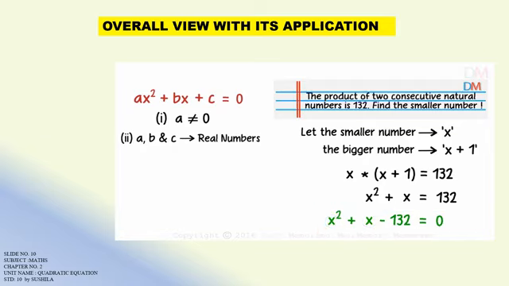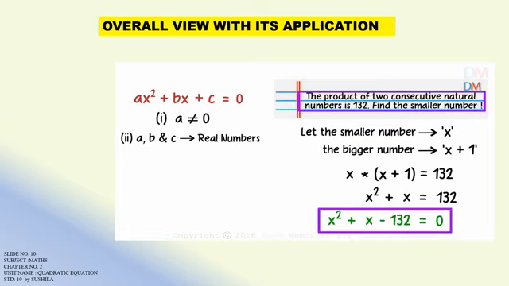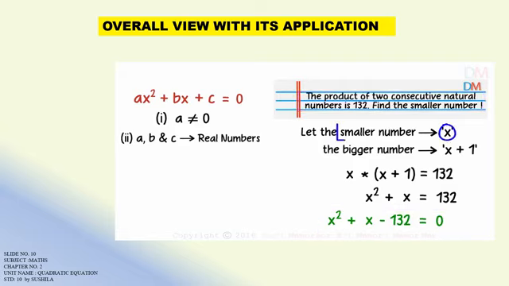Don't worry, I'm not expecting you to solve it yet. We will understand solving quadratic equations later. Right now, I just want you to represent the given examples as quadratic equations. So here, we represented this problem using this quadratic equation. Once we get x, which is the smaller number, we add 1 to it to get the bigger number.